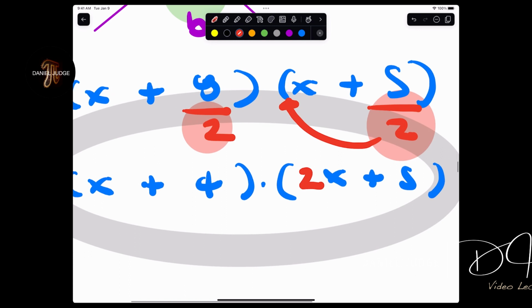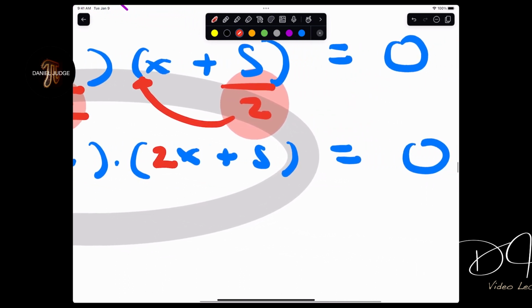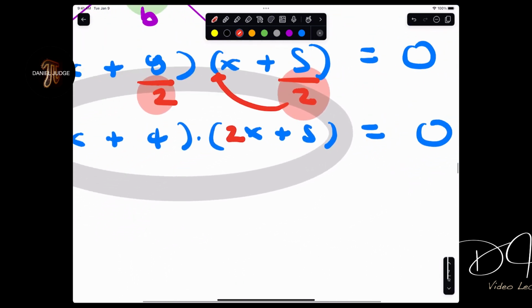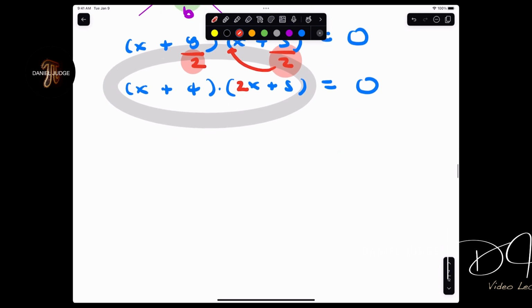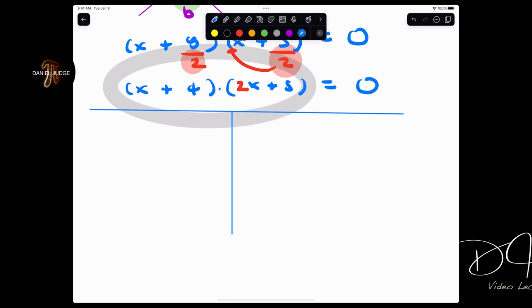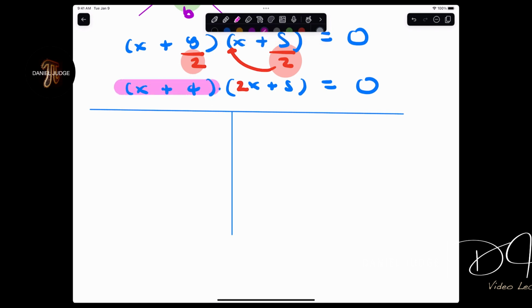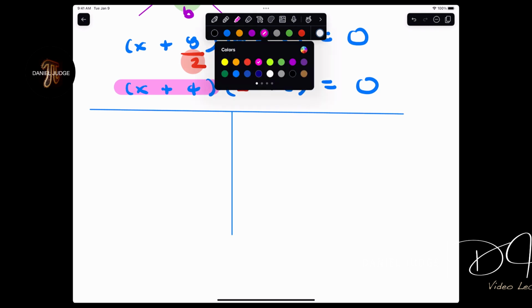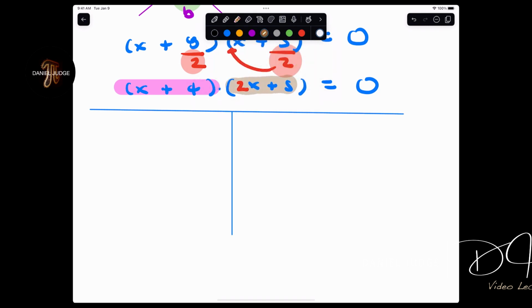Now, since it equals 0, we got to use that zero product rule because we're solving a quadratic. And now we're free to use the zero product rule. Okay, remember this. You got a number or a term times another and it equals 0.